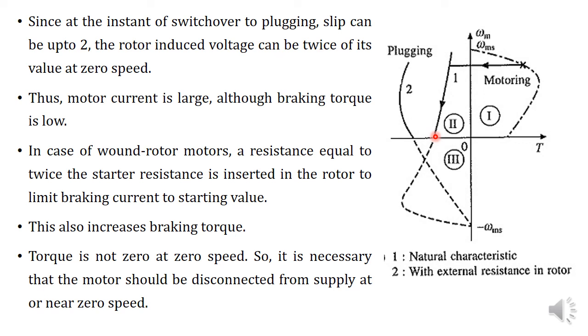It will start rotating in the reverse direction due to the presence of this negative torque. So in order to prevent that, we have to switch off the power supply before it reaches 0 speed. That means very near to this point, we have to disconnect the power supply. That's what is mentioned in this point: the torque is not equal to 0 at 0 speed, so it is necessary that the motor should be disconnected from the supply at or near 0 speed.